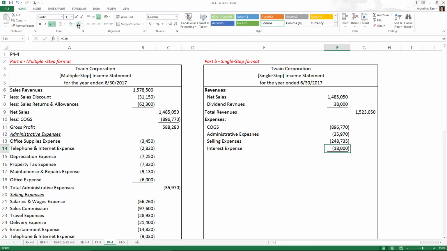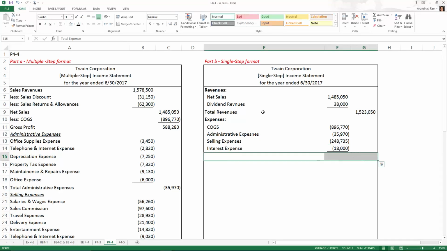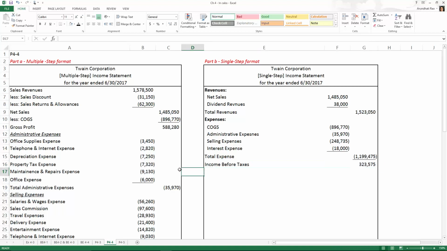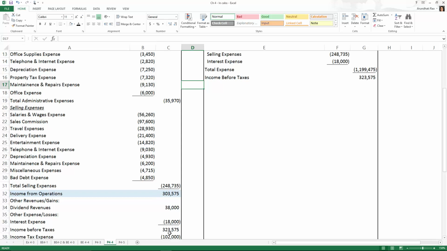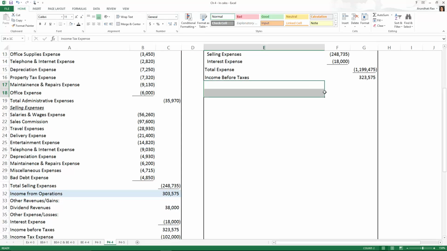That gets listed over here. Okay. So I have my total expenses. And the subtotal is the income before taxes. So I've listed everything that we had up over here. And then I'm going to come down to my income before taxes. So the next thing that's left is my income tax expense and the net income number. Obviously, these numbers are the same as before that you had over there.